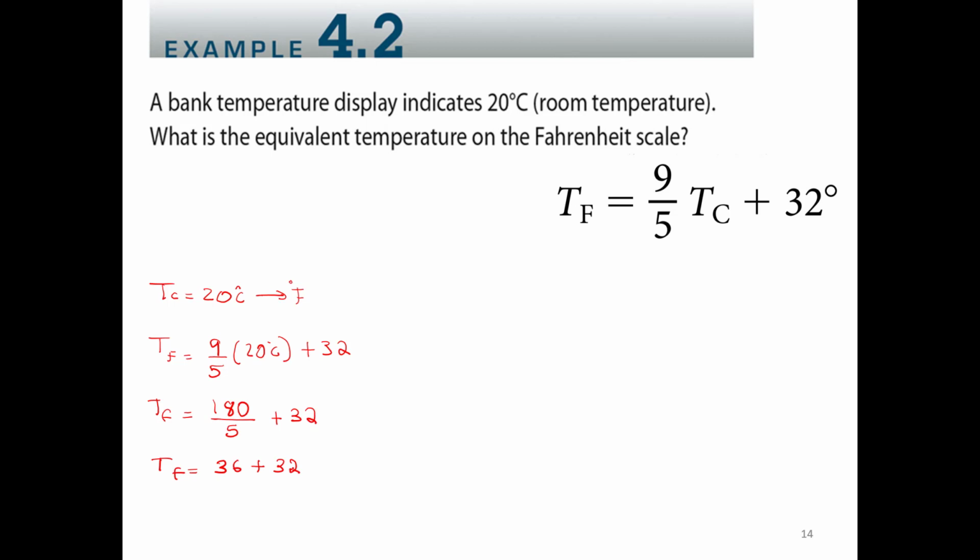Finally, we need to add 36 plus 32, which is 68. And we know the answer is in Fahrenheit. If we convert 20 degrees Celsius into Fahrenheit, we have 68 Fahrenheit.